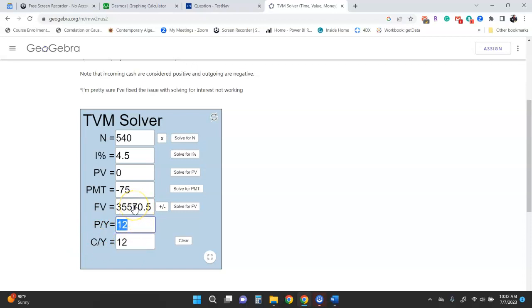And now, so there's a number here from the last thing that we had done. I'm just going to hit solve for FV and notice that it will just override whatever we had before. So we end up with 130,949 and 43 cents.